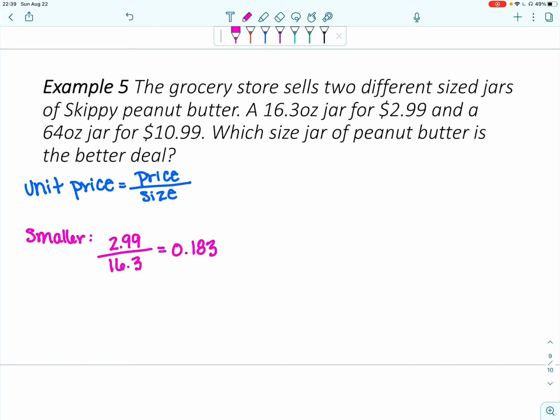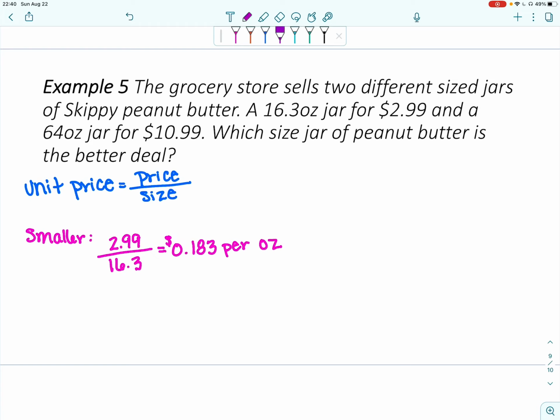I'm going to go to 3 decimals just in case I need to make the comparison after I do the larger jar. So it's going to cost me roughly 18 cents for every ounce. Maybe a tablespoon is roughly an ounce, I don't know, but I'm going to guess. So 18 cents per tablespoon of peanut butter for the smaller jar.